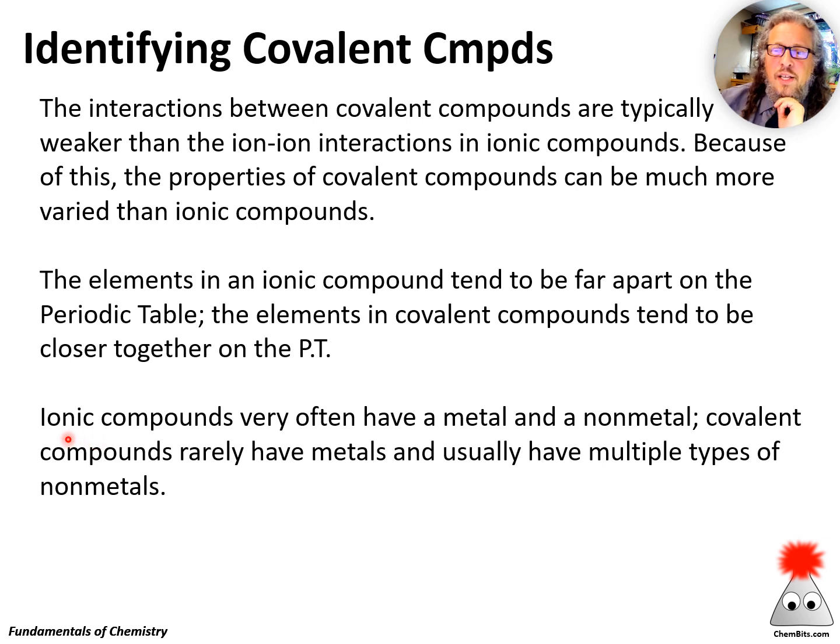And then finally, ionic compounds very often, not always, we can usually recognize pretty quickly because they've got a metal ion and a non-metal ion, either monatomic or polyatomic. Covalent compounds rarely have metals, at least the type that we use in this course, and they usually have multiple non-metals in them.